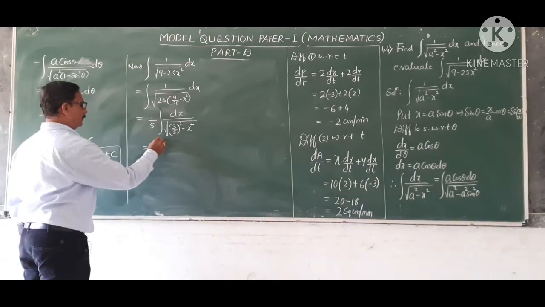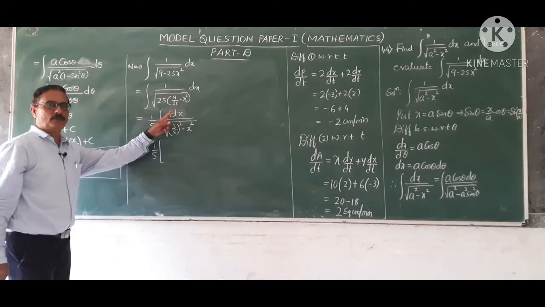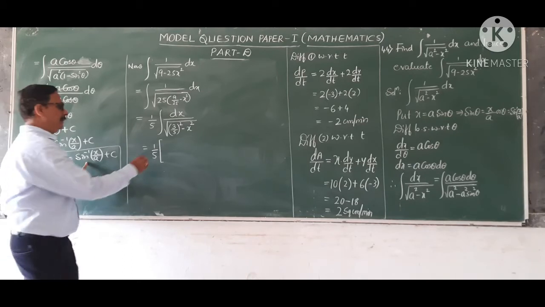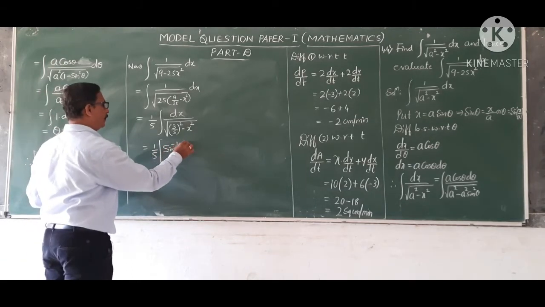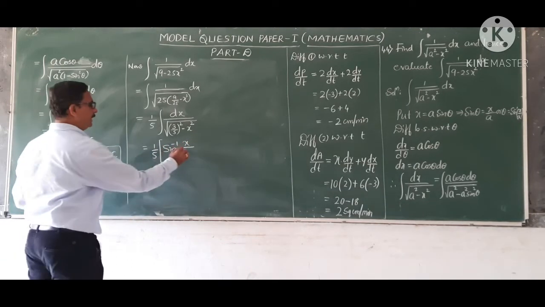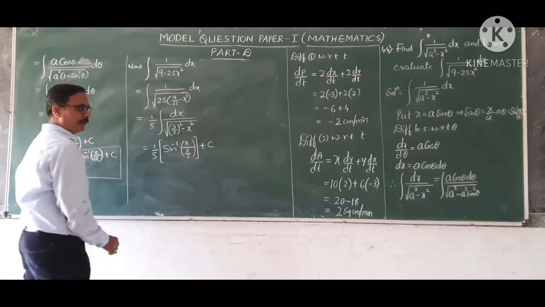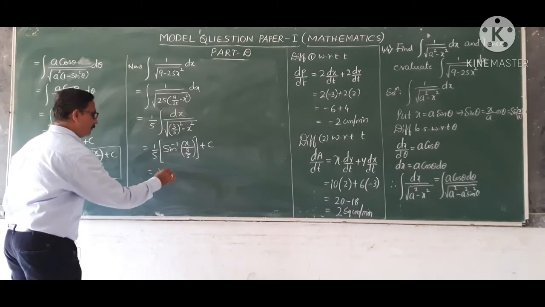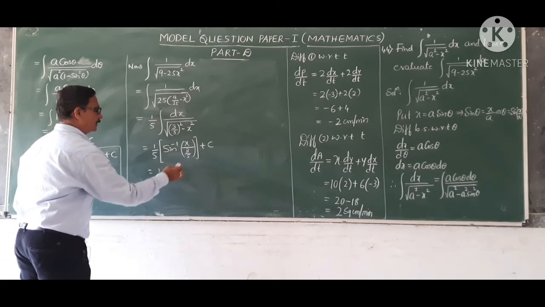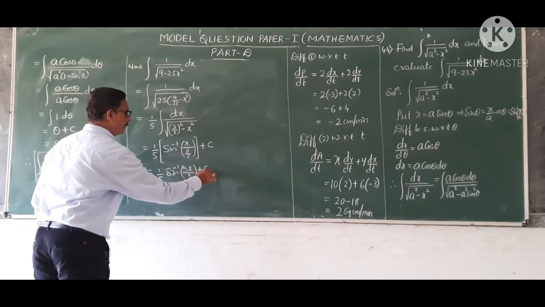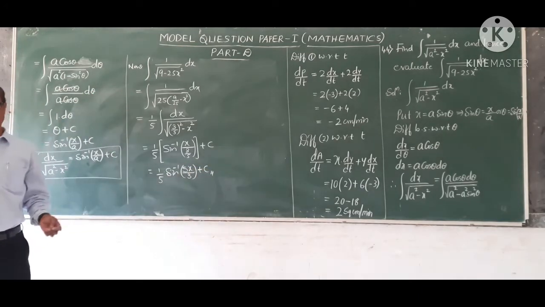That is 1 by 5. Clearly it is in the form dx by root a square minus x square. Its value is sine inverse of x by a. a value is 3 by 5, plus constant of integration c, that is 1 by 5 sine inverse of, that 5 goes to numerator, 5x by 3 plus constant of integration c.